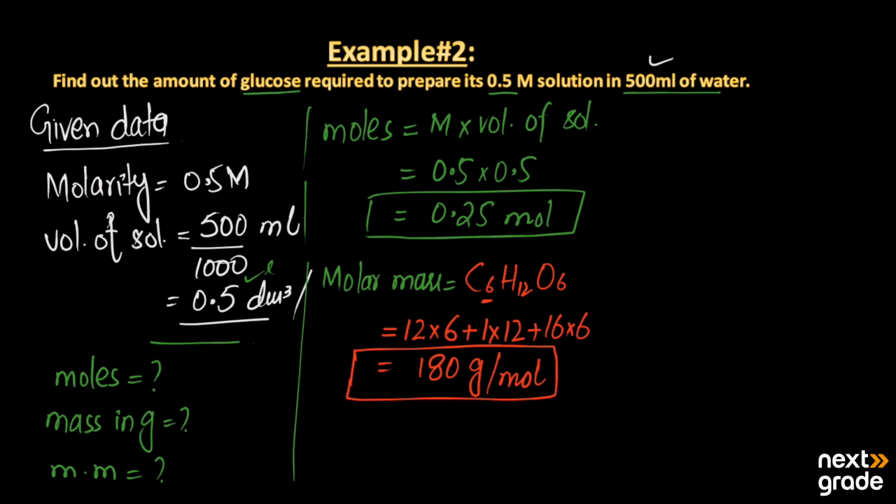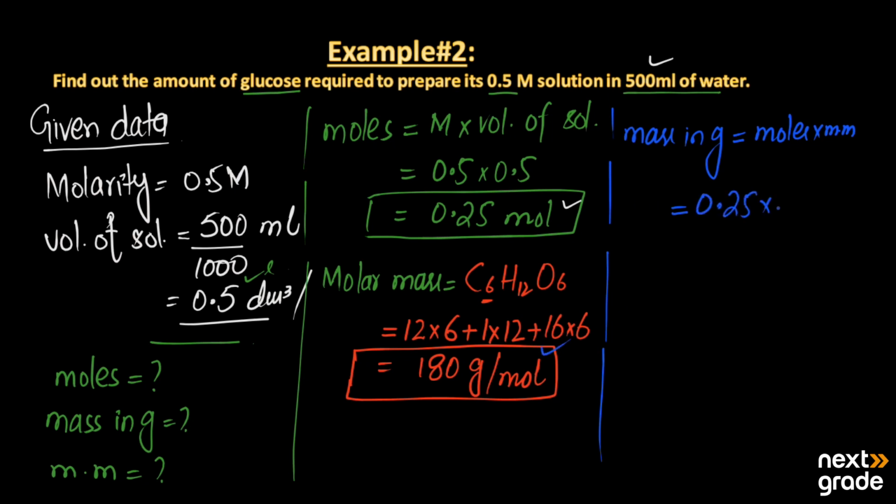Now we have the molar mass as well as the number of moles, so we can easily find the mass of substance in grams, which is equal to moles multiplied by molar mass. So mass of substance in grams equals moles 0.25 multiplied by molar mass, which is 180.